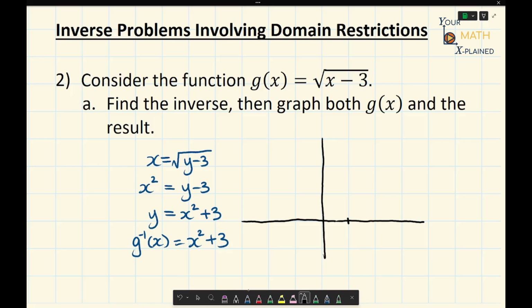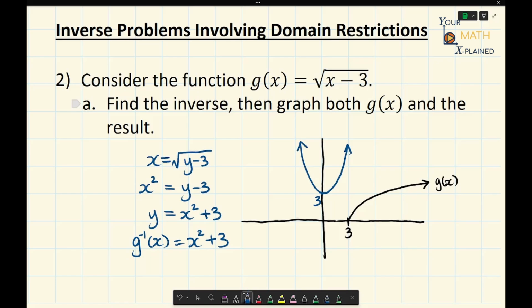So let's say here is our 3. It's going to look like this. So this here is our g of x. Next, we're going to graph our inverse function, which is x squared plus 3. And x squared plus 3 is a parabola with the vertex at 0, 3. So it'll look something like this.